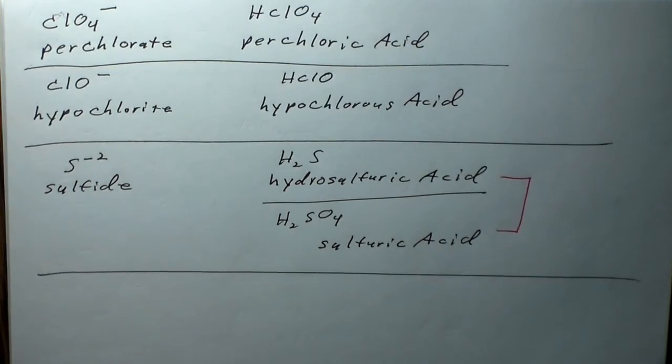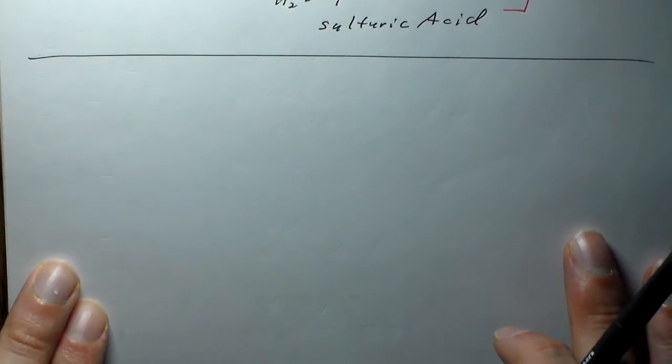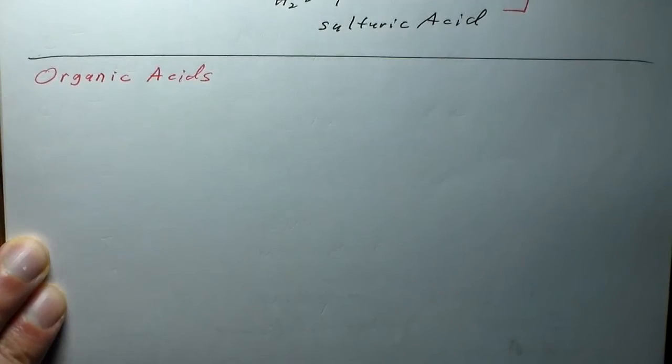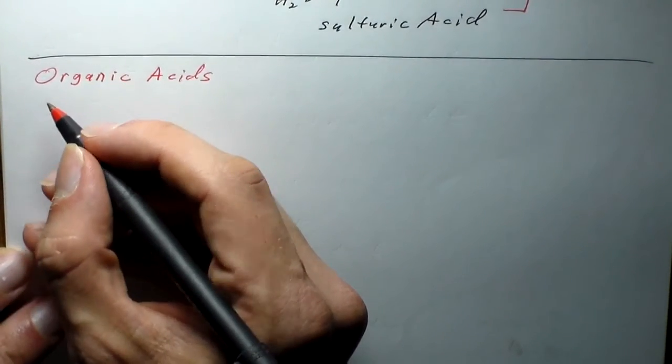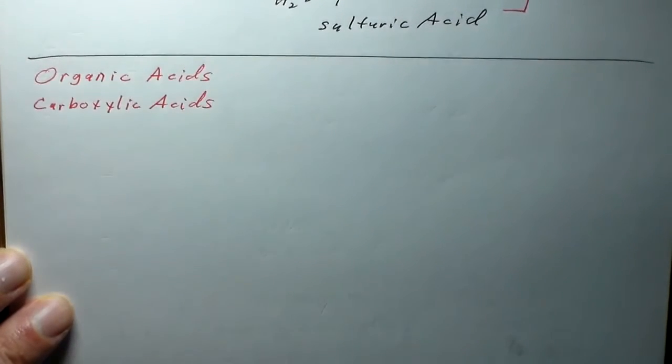There's another category called organic acids, which we should look at. These organic acids are also commonly known as carboxylic acids. They have what's known in organic chemistry as a functional group, meaning that if you see this particular part stuck on a molecule, this gives it certain properties.